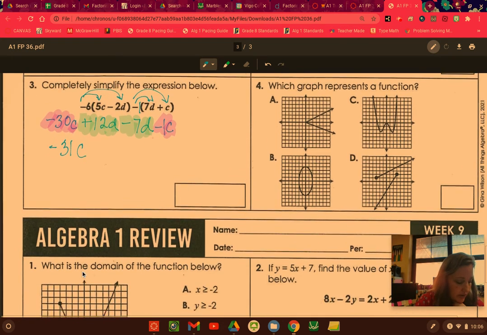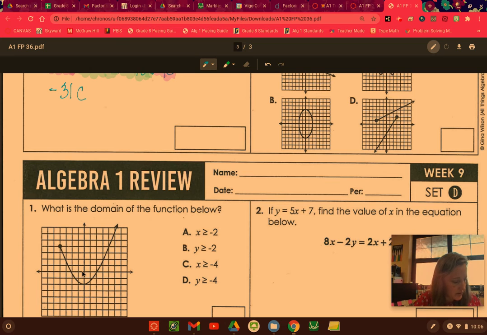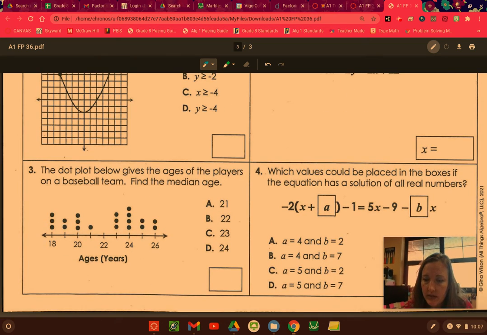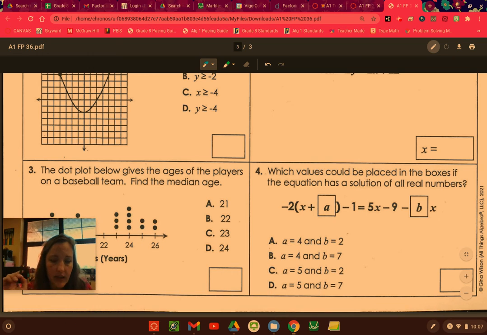Okay, so is this the last one we're doing? I think it is. So this one right here, Mrs. Golding's head is in the way. Okay, which values could be placed in the boxes if the equation has a solution of all real numbers? A solution of all real numbers is what we called infinite solutions.